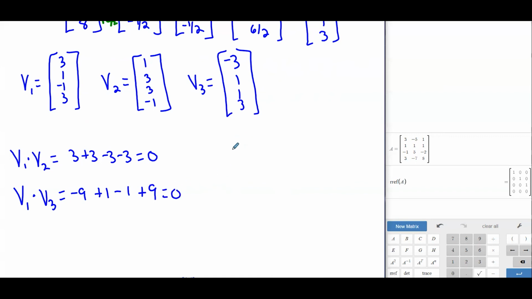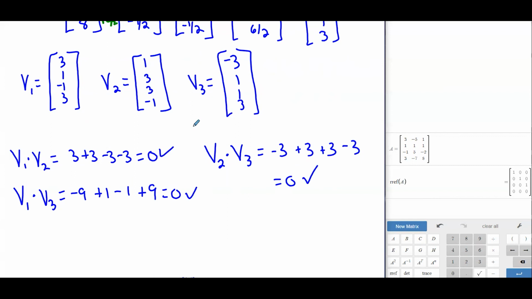That's also 0. And then last, what about v2 dot v3? Negative 3 plus 3 plus 3 and minus 3. That's 0. So they're all orthogonal to each other.